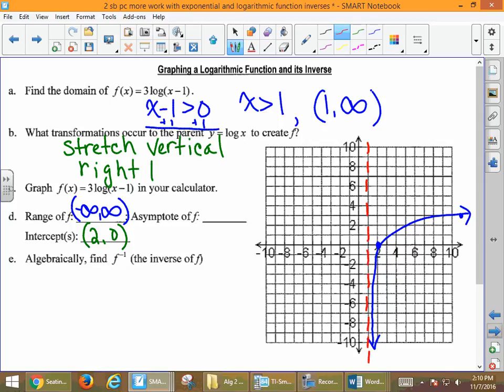It's a vertical asymptote at x equals 1. Makes sense because here's our domain. X is greater than 1, so it can't equal 1. The red line is the place where our graph is getting closer and closer and closer to, but never quite touching.